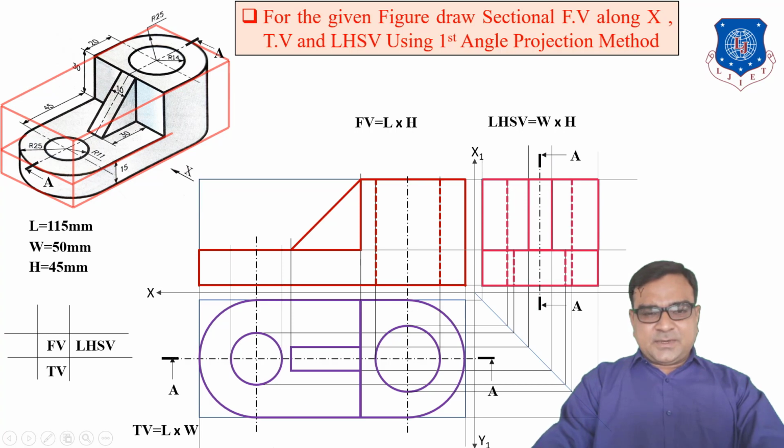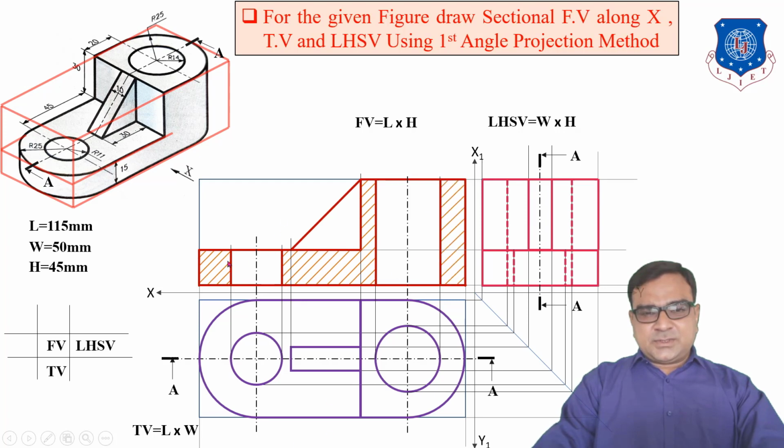Now in the sectional front view, the hidden line becomes full and this hidden line also becomes full. But the surfaces through which the cutting plane is passing, which are under cutting, are represented by hatching lines or section lines.